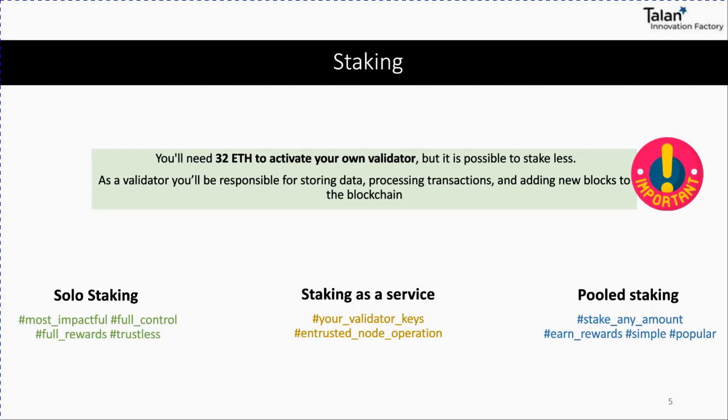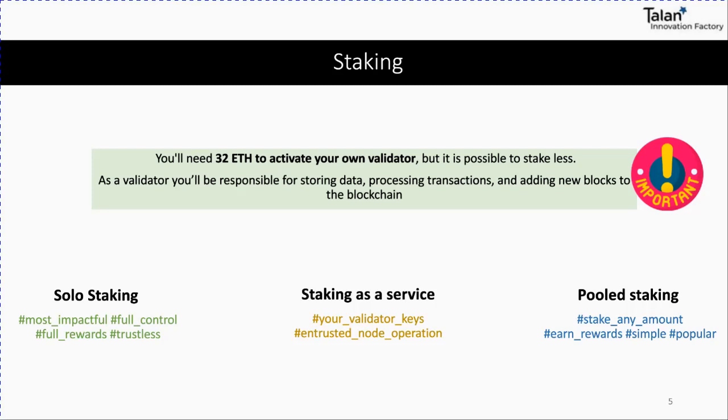The only inconvenient thing is that you will have to trust the operator that gives you the hardware, because you will have your private keys, especially the key that signs transactions on hot wallets. So it's a little bit complicated, but it can be done.